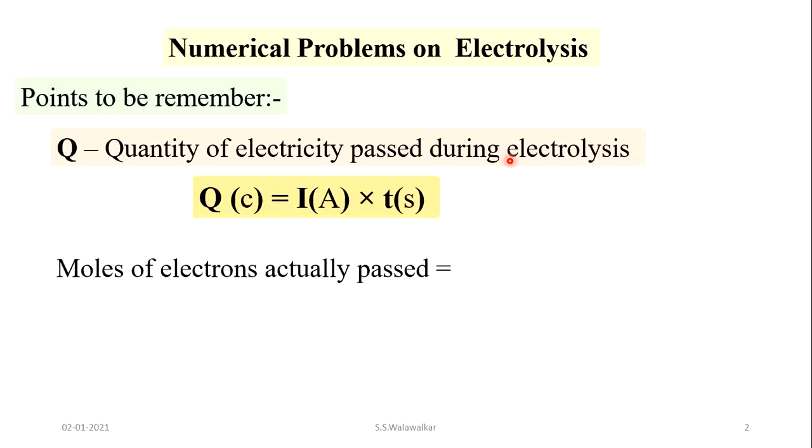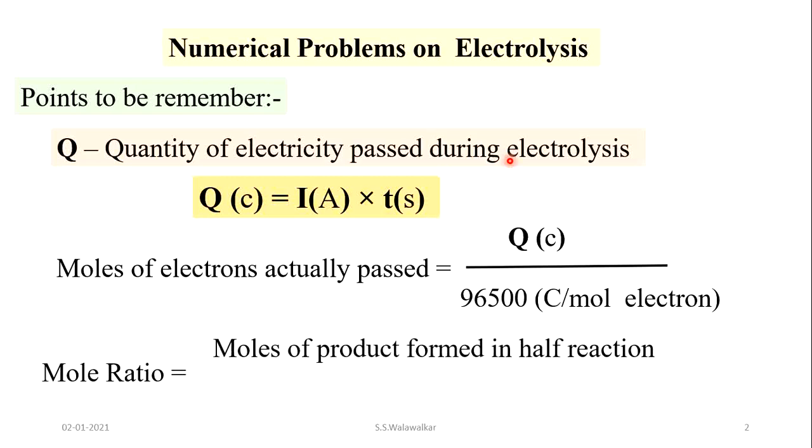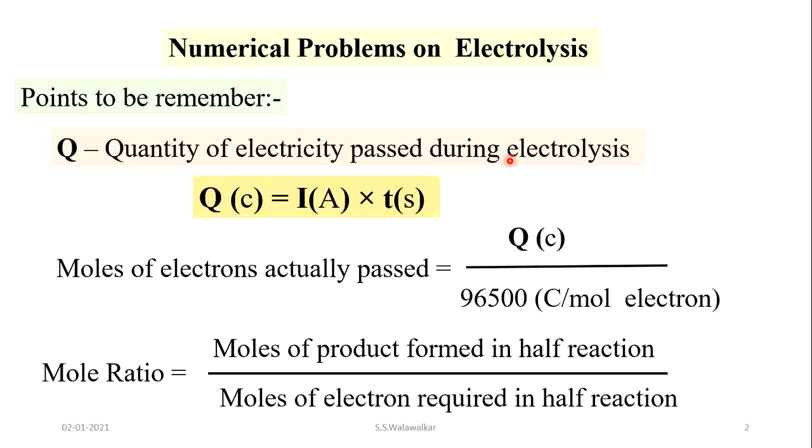The second formula: if you want to calculate the mass of substance deposited, and I is given and T is given, then from that you first have to calculate Q, and then the moles of electron actually passed, which is equal to Q divided by 96,500 coulombs. To calculate the moles of product formed, you must know the mole ratio, and for that you have to write the half cell reaction and its stoichiometry.